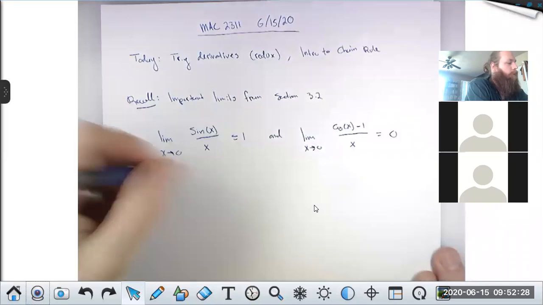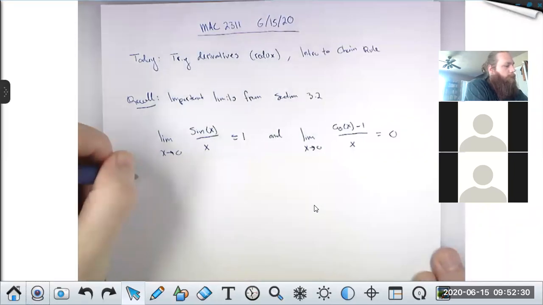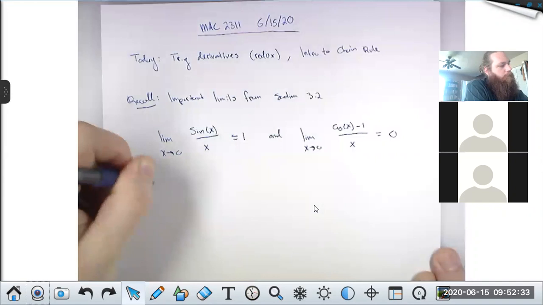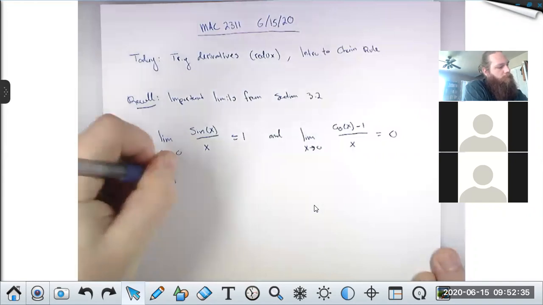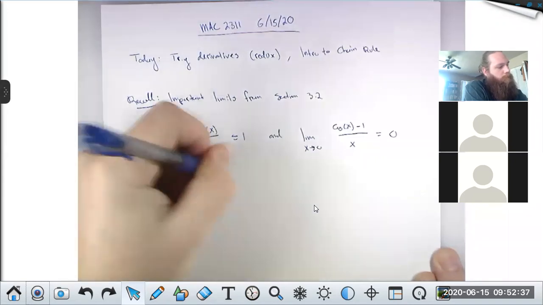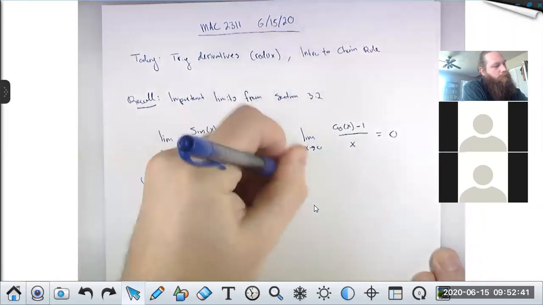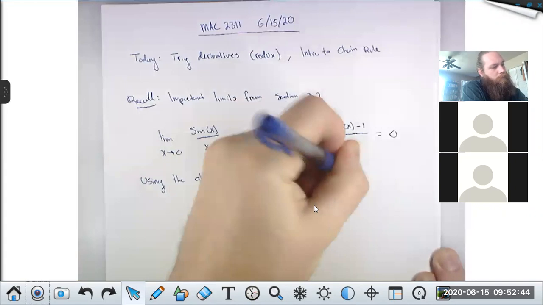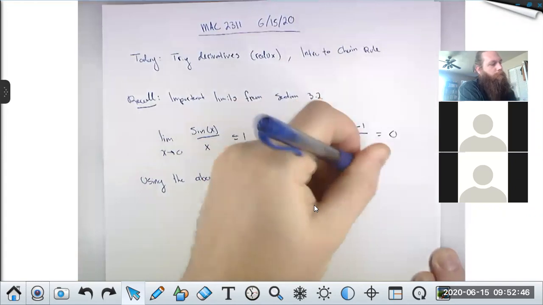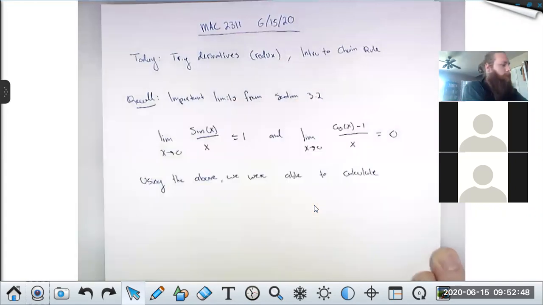So using these, we were able to calculate the derivatives of sine and cosine.